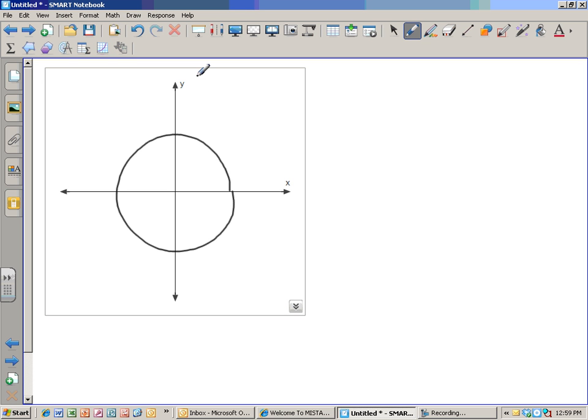But let's say we rotate a ray, let's say 150 degrees. So we're going to start here and we're going to rotate a ray 150 degrees around this circle. Okay?